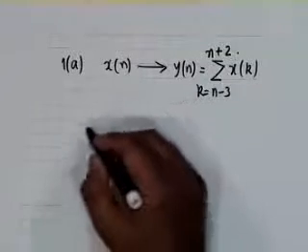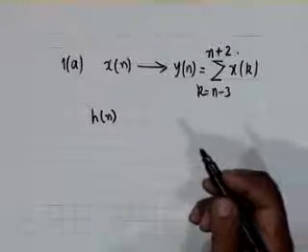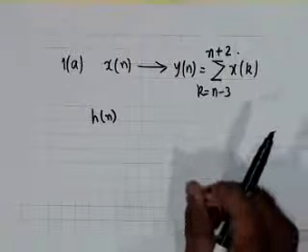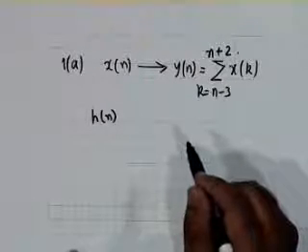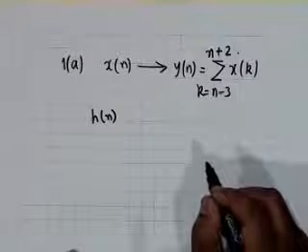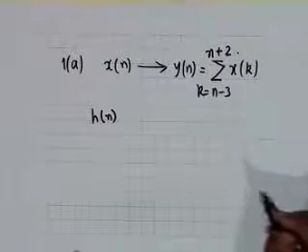And the question was to find h of n. This is what I call a major problem. Some of you identified this as x of k, h of n minus k. Then you wrote the expression for h of n minus k and found the correct answer.